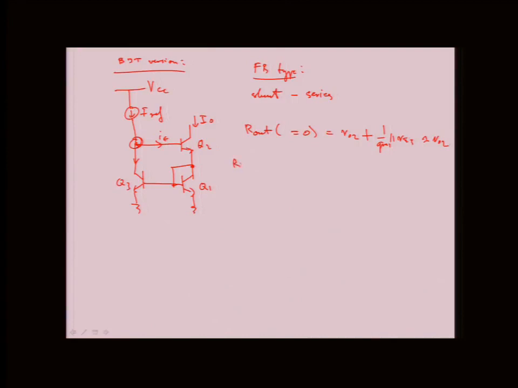Now, the return ratios become a little bit more interesting. So open, we have an output open. What happens to the return ratio?